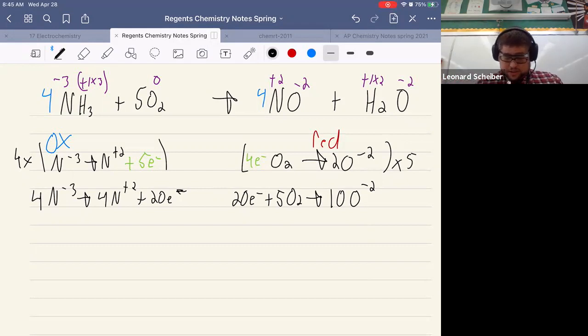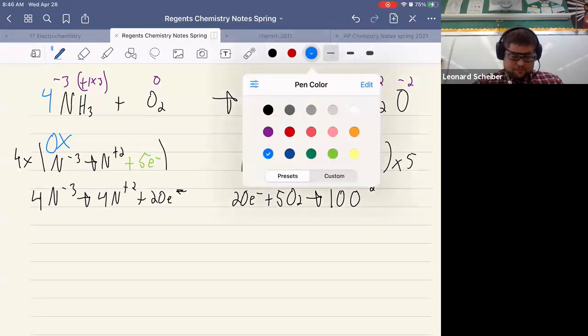Right now as written, I have 4 coming from the NO, which means that for this minus 2, I only need 6 more, because 6 and 4 is 10.